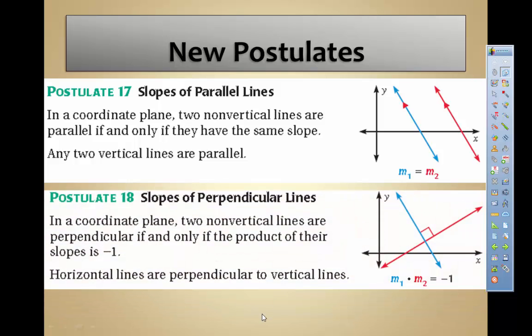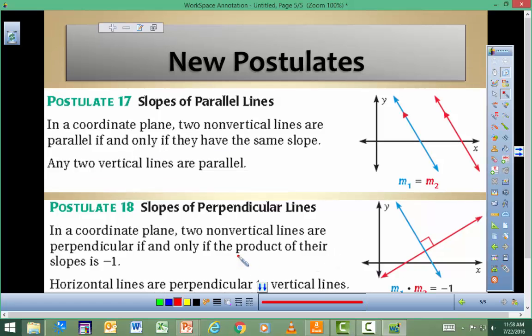Now, the slopes of perpendicular lines are interestingly related. It turns out that the product of their slopes is -1. Most people use a little trick I learned a long time ago, the reciprocal idea.